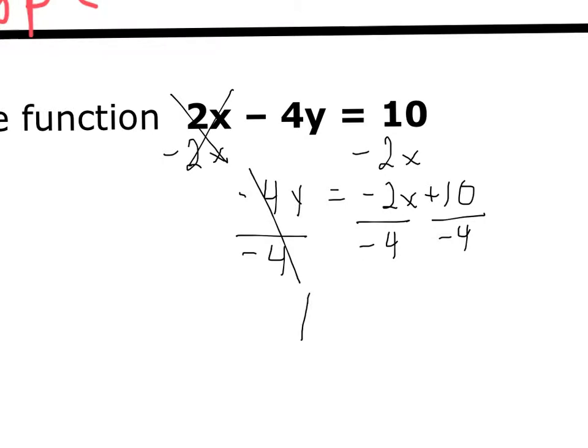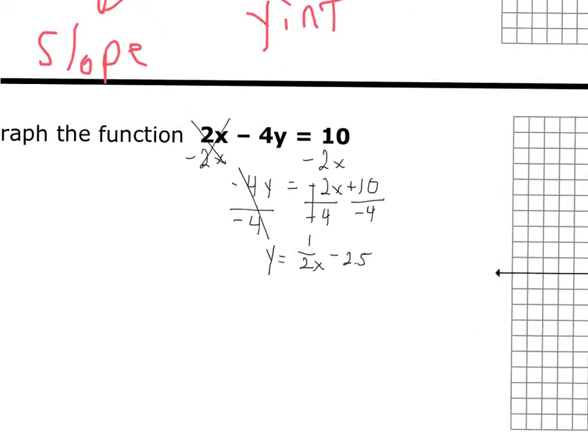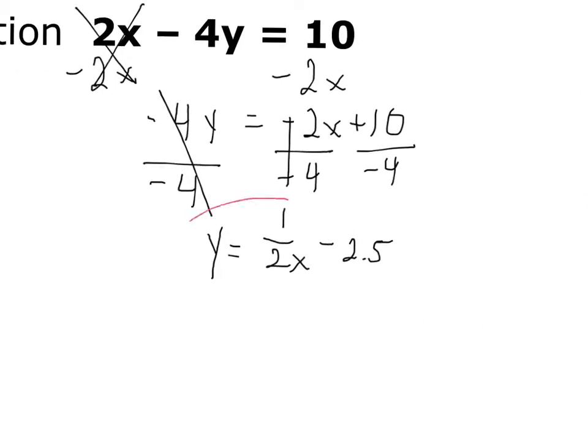And lastly, we have y equals 1/2 x, because these negatives cancel, and another name for 2/4 is 1/2. And we know that 10 divided by negative 4 on our calculator would be negative 2.5.